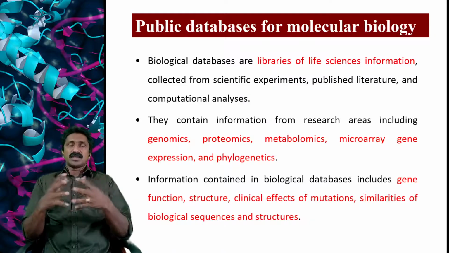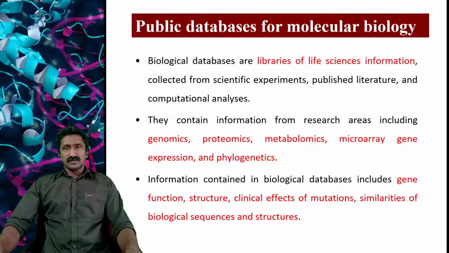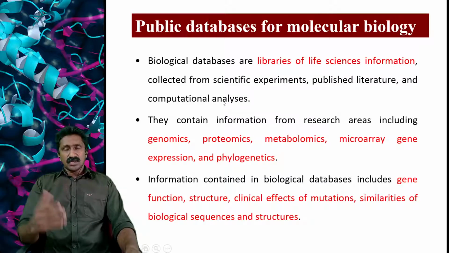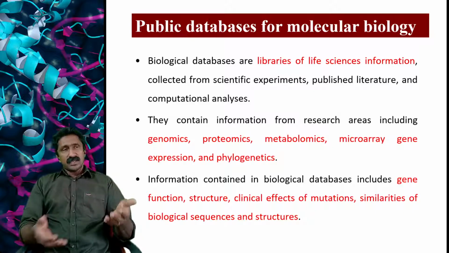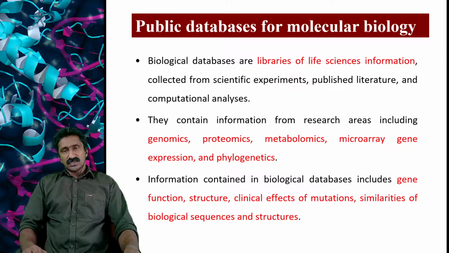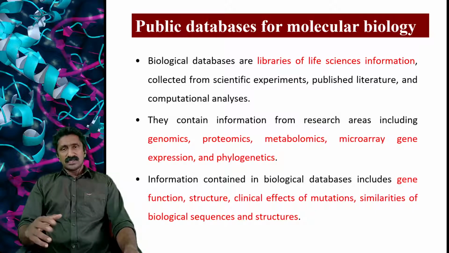Or you are publishing an article in a research journal, that can be treated as published literature, which is also another form of data. And if somebody analyzes an already existing sequence in the database and creates a computer-annotated protein sequence, then that's another data which is created by computer analysis.